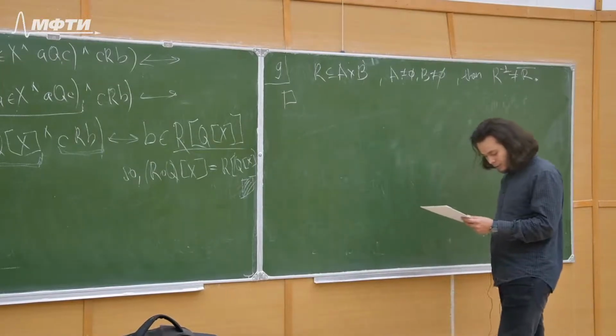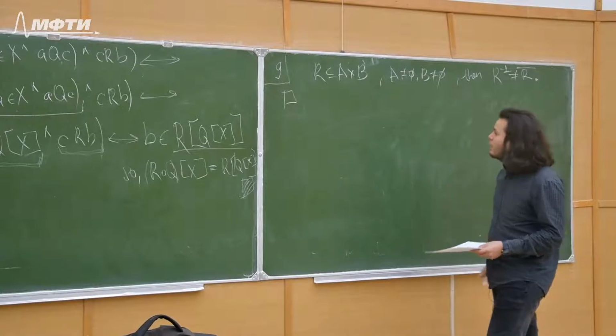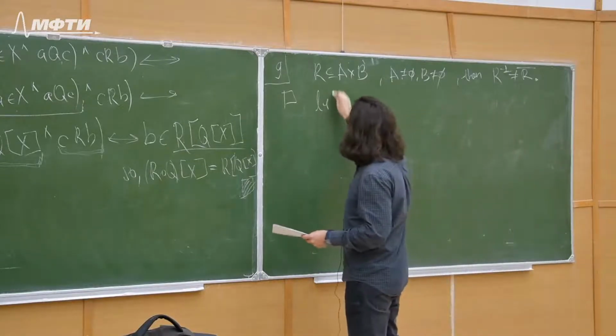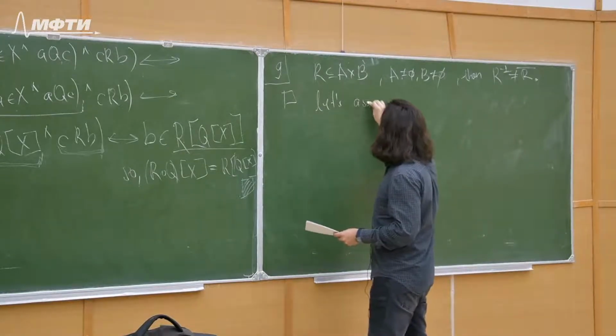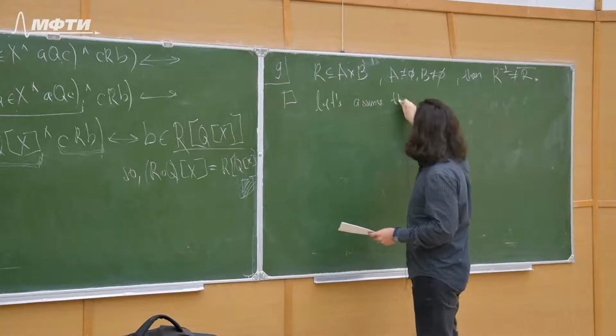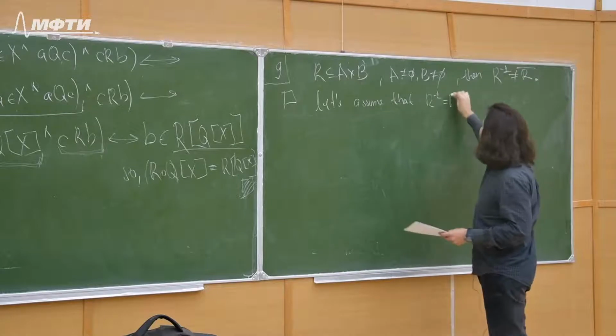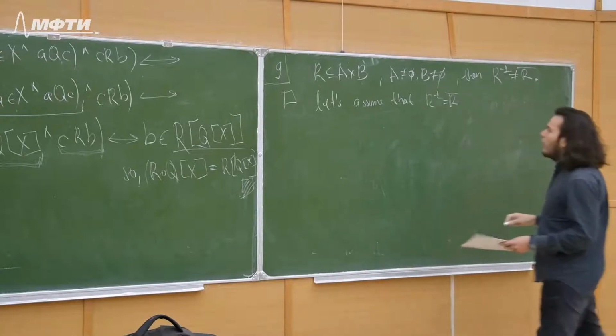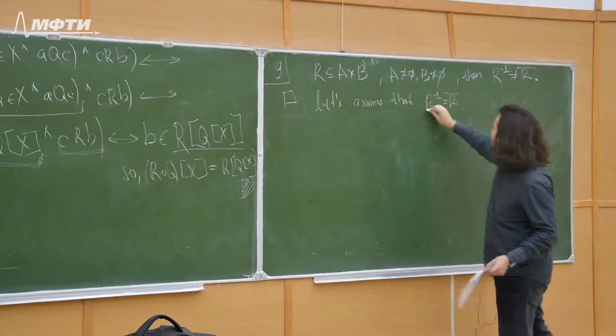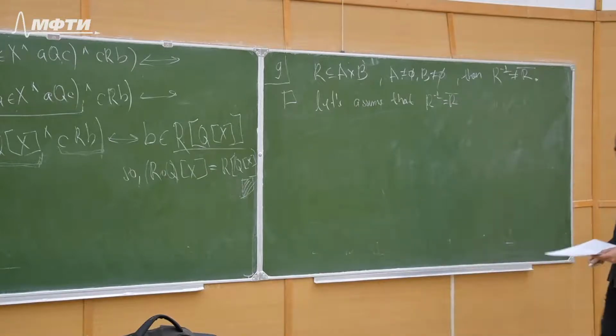Let's assume that R minus 1 is equal to the complement of R. So we are going to get this by contradiction. R minus 1 is equal to the complement of R.